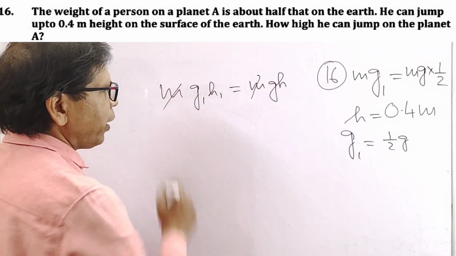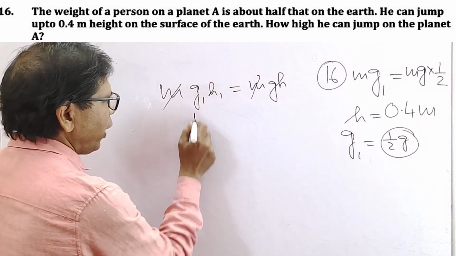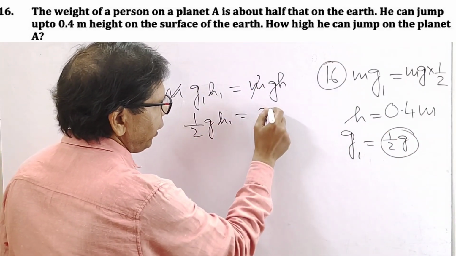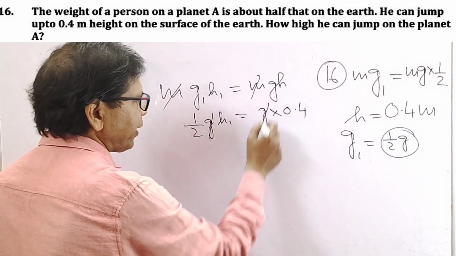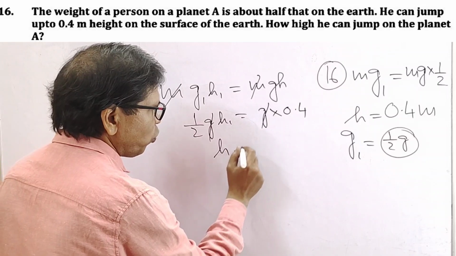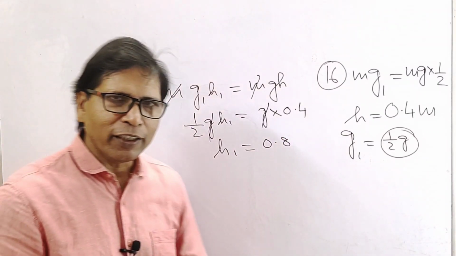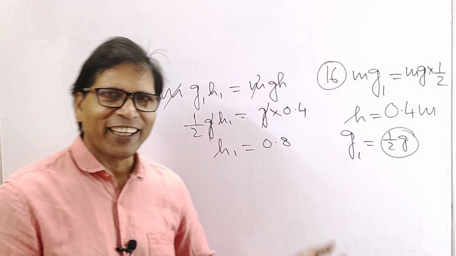Here m cancels out. Now g1 is half g, so half g, h1 equals g, h, which is 0.4. So g and g cancel out. Therefore h1 equals 0.8 meter. Therefore the person can jump 0.8 meter on the planet.